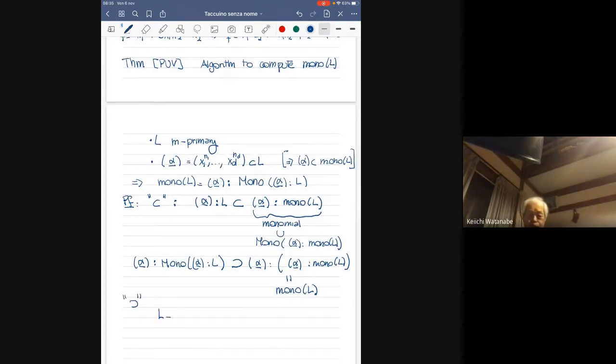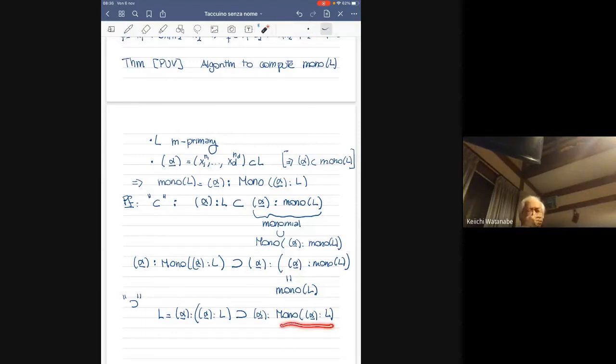You start with L, which is alpha colon alpha L, because alpha is contained in L, and then you make this ideal smaller by taking a larger ideal here. So taking the big mono, now we have alpha colon mono alpha colon L, and again the same trick.